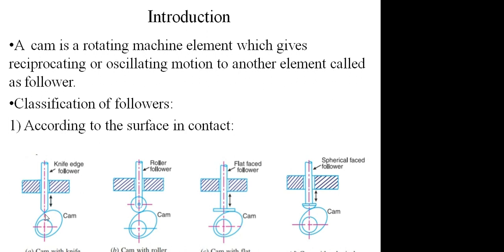At the end of the follower, a knife edge is provided. Because of this knife edge, there is a line or point contact between cam and follower, so excessive wear takes place between them.